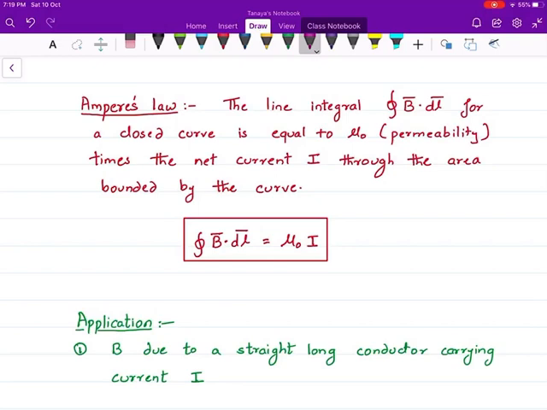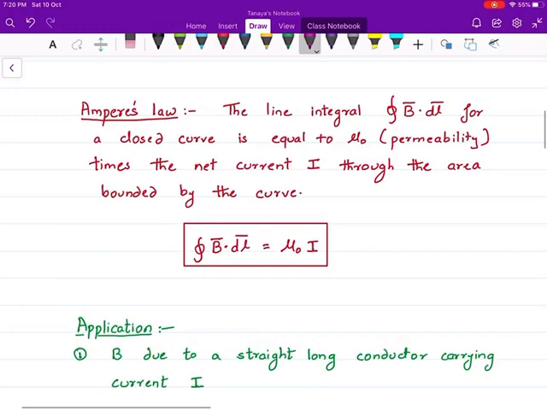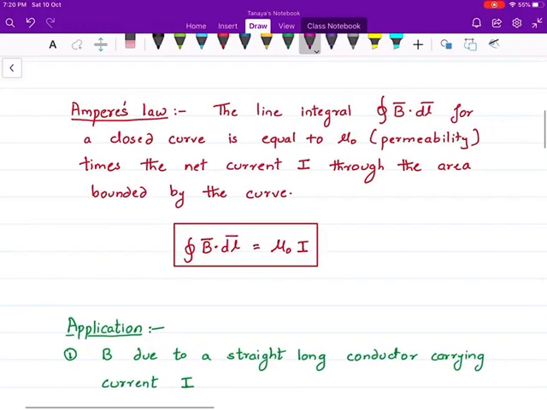There we had distribution of charges, but in magnetism we do not have magnetic monopoles, is it not? So we work with the distribution of currents, because we get a magnetic field whenever there is current flowing, right? So this is Ampere's law, which is very much similar to the Gauss law in electrostatics.